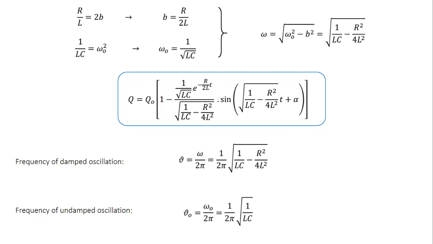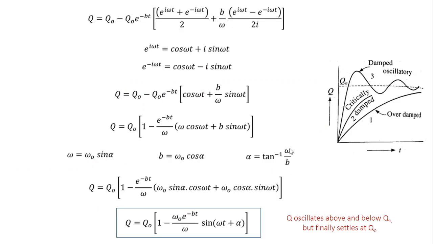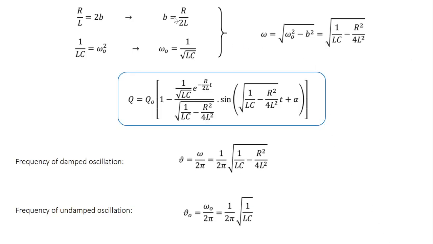If you want, you can substitute for alpha as tan inverse omega by B, then write down the expressions for omega and B. It's going to be even more cumbersome, so you can just leave alpha as it is.